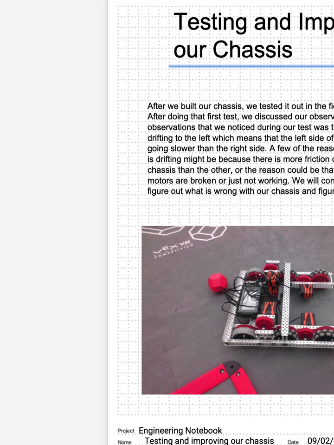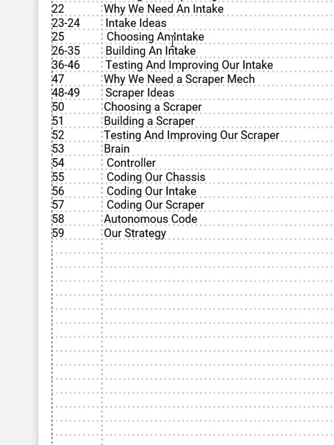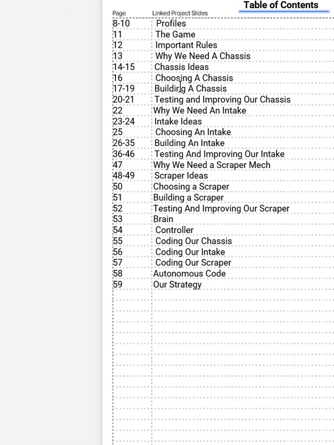And then the next tip is organization. So let me go to my table of contents. Okay, so here I have profiles, game, important rules, and all this. How I organized my notebook for this year is I took a part of the robot and added a section, putting all the sections for that part of the robot in one part of the notebook so it wasn't all spread out.